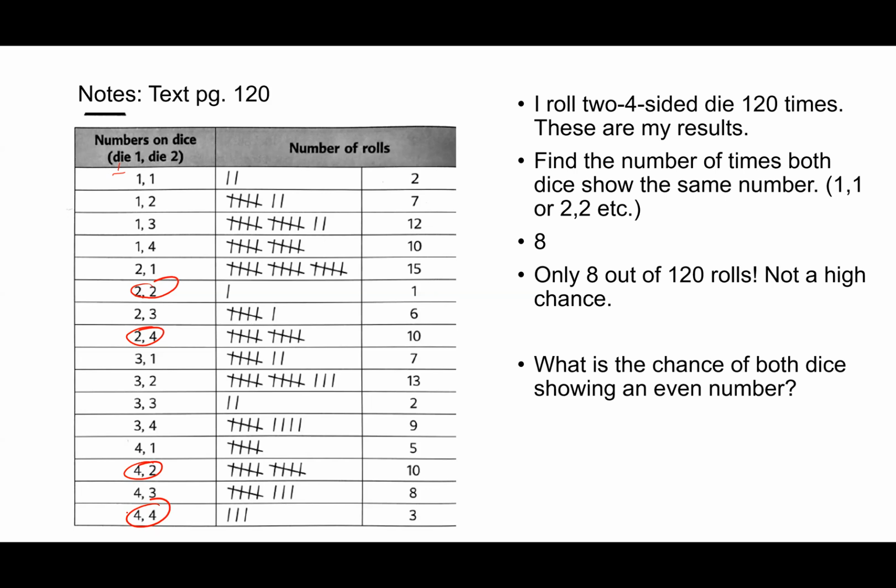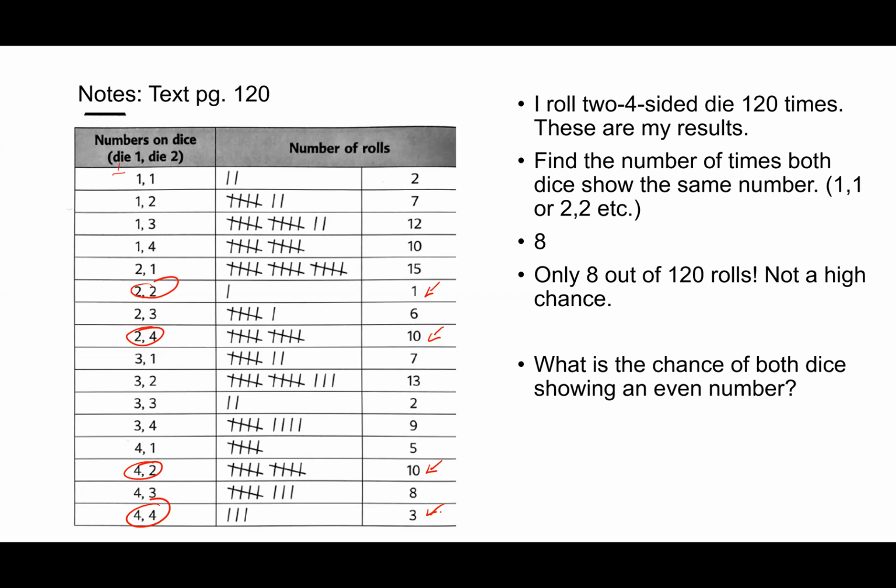What we're doing is adding the number of rolls over here. Kinsey? 24 times, exactly. So 24 out of 120.